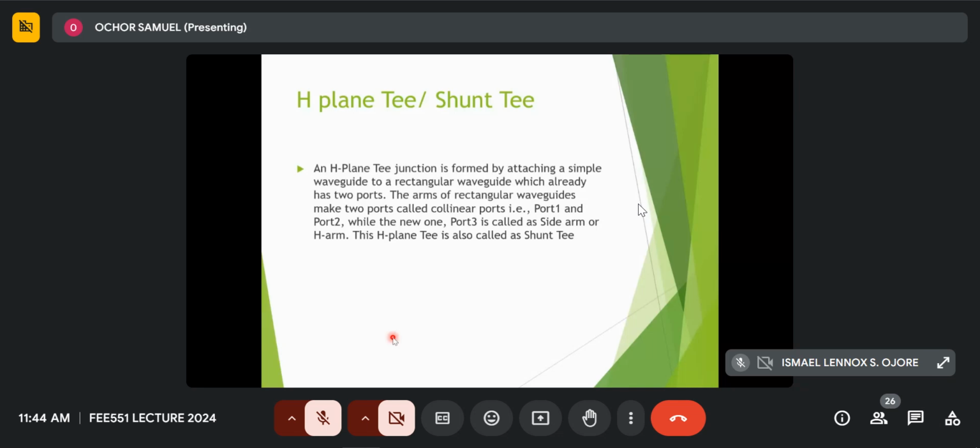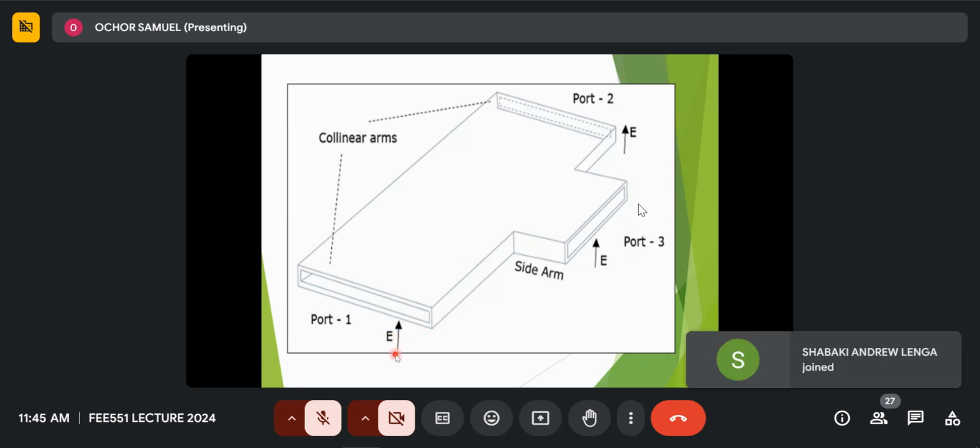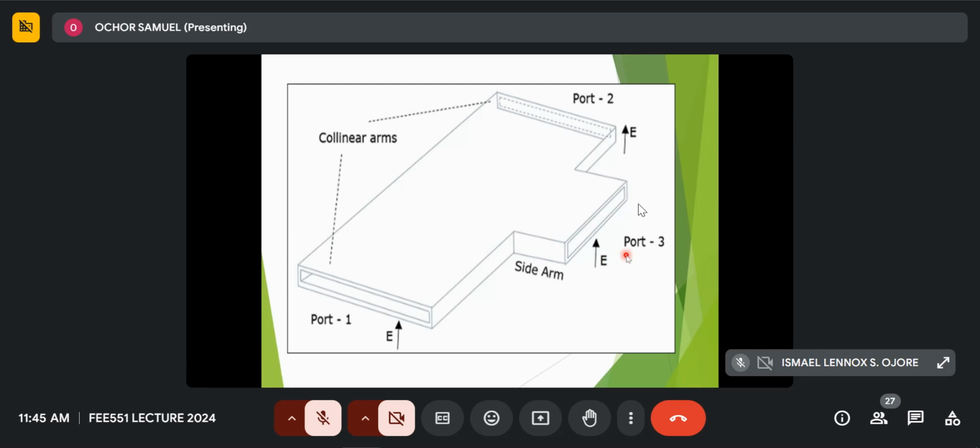Now we can look at the other junction, which is the H-plane T. As we had seen previously, you are adding a side arm, but in this case you are adding it to the narrow side. You can see the E field is oriented upward, and now you are adding the arm that is perpendicular to it.